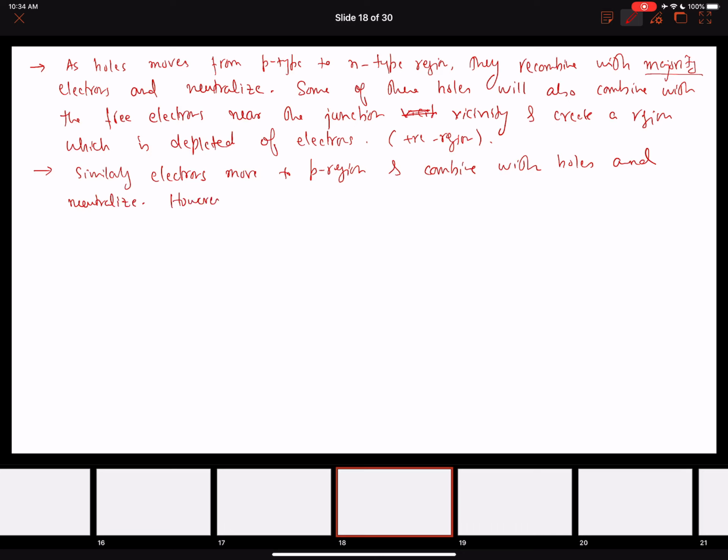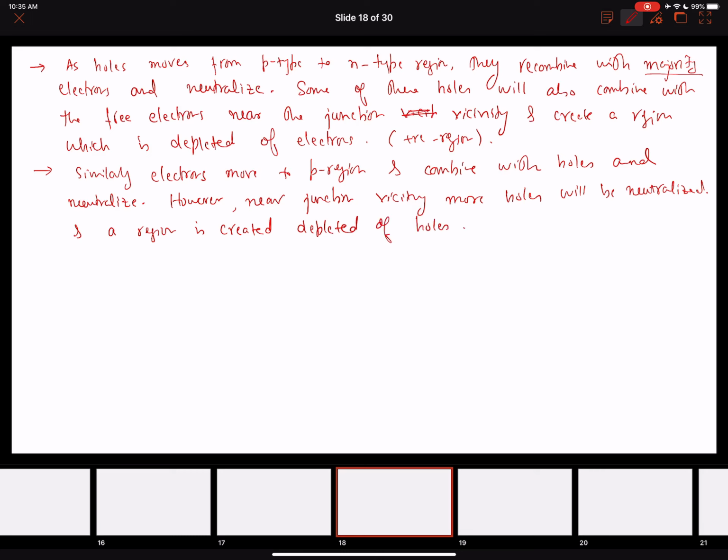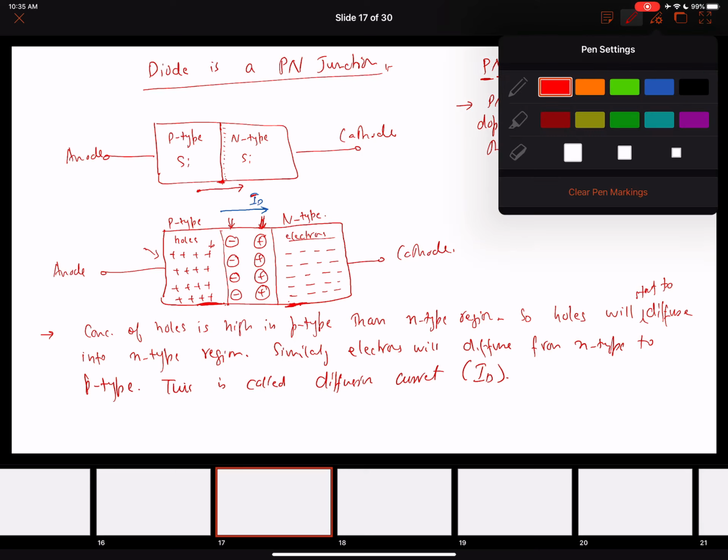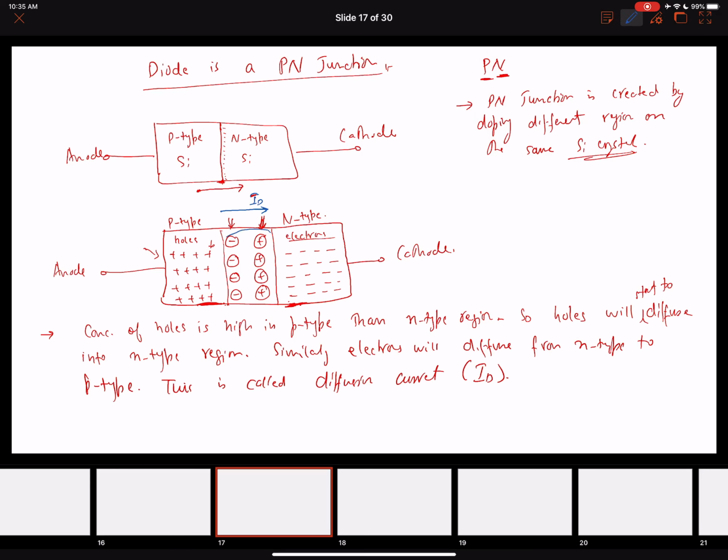However, near the junction vicinity, more holes will be neutralized and a region is created which is depleted of holes, right? And that region is a negative region. So this is how this region is created, right? This entire region.